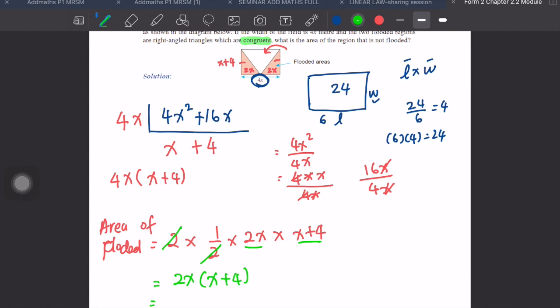Okay, so cuba expand, kita dah belajar last week expand. So 2x times x is 2x square. 2x times 4 is 8x. So kita tahu ini adalah luas kawasan yang banjir.